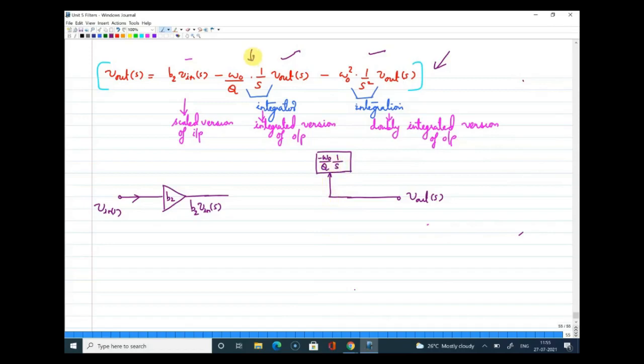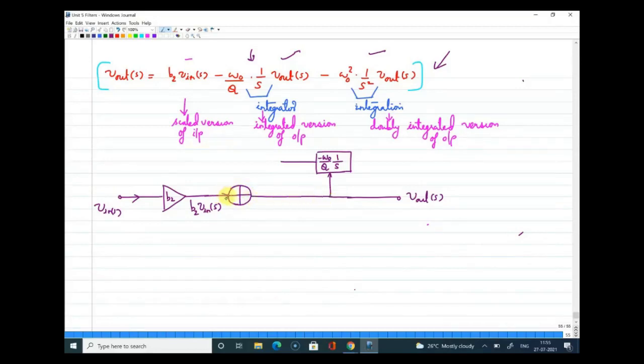Now what should I do with this? This should be added to the B2 V in of S term, right? So I need a summer where I can add all the things together. So I'm keeping a summer, and the output is coming from the output of the summer. What are the inputs to this?